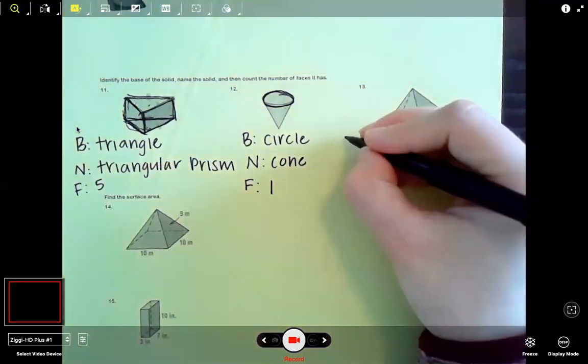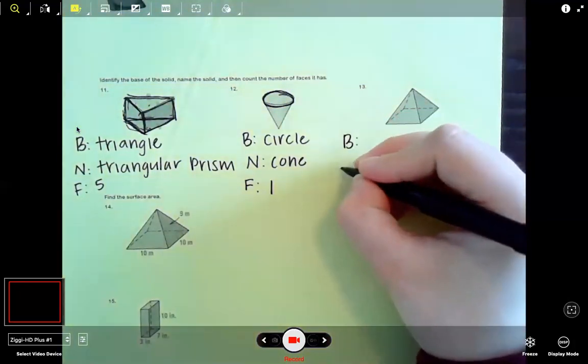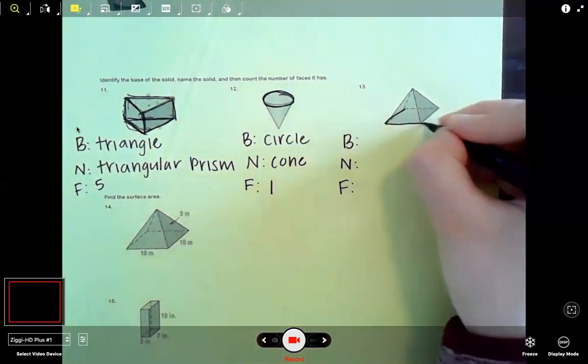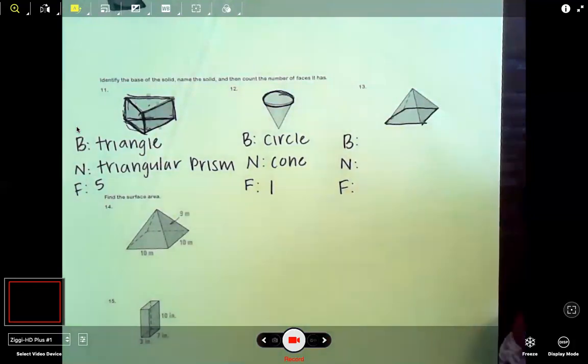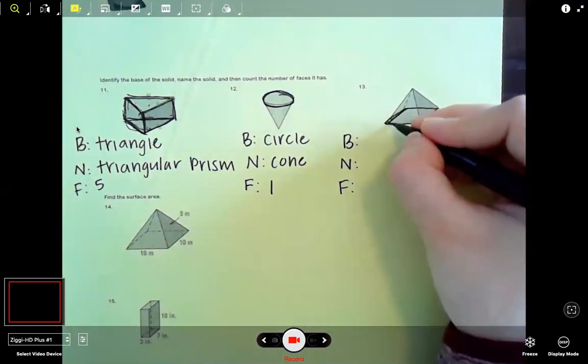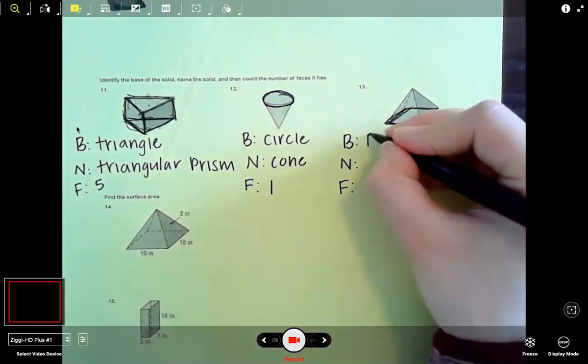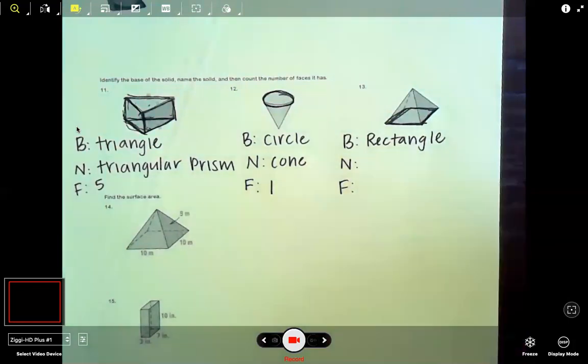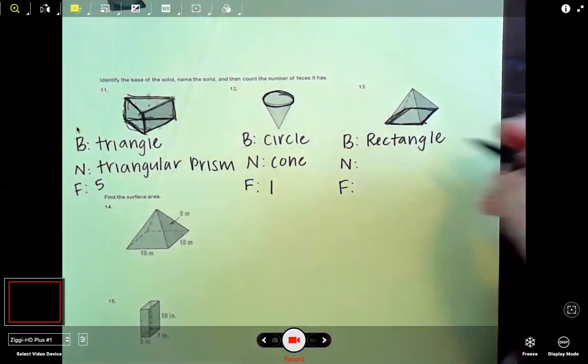Oh, so then 13 is a pyramid. Yes, ma'am. What's our base shape on 13? It's a triangle, right? No, it's a rectangle, right? Down here? Yeah. And you said it's a pyramid, so it's a rectangular pyramid.